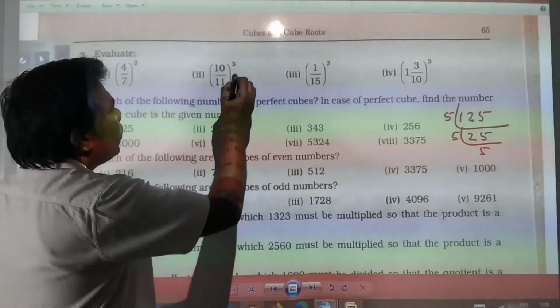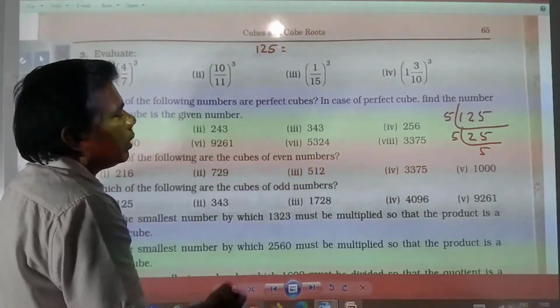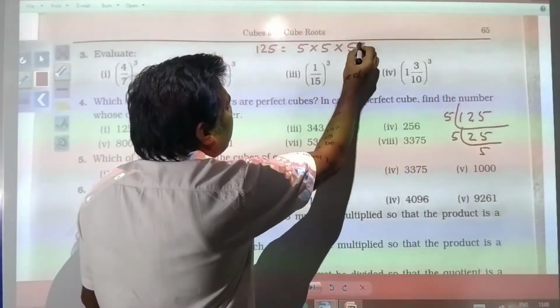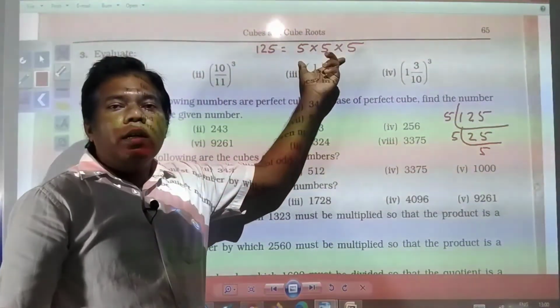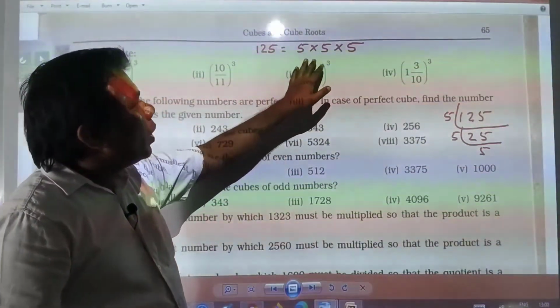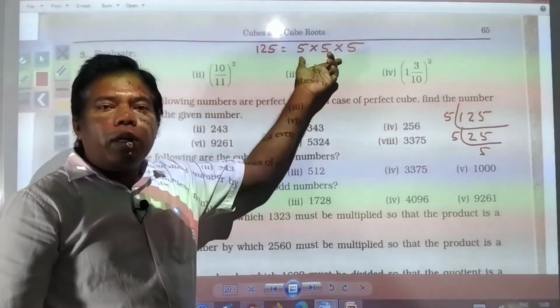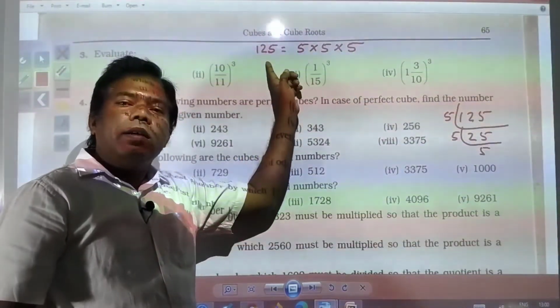So if 125 is expressed as a product of its factors, you will get 5 into 5 into 5. So if it can be expressed in the form of the product of triplets of equal factors, then that is a perfect cube.